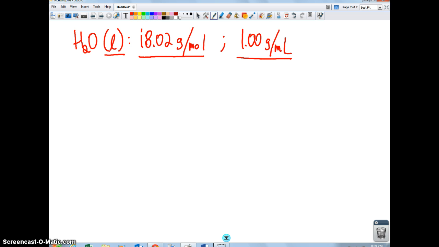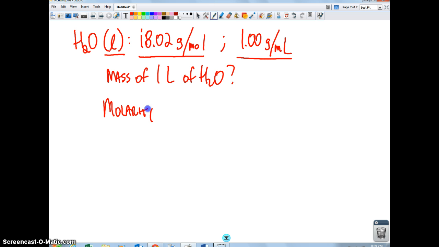So what I wanted to try to figure out is what would the mass of 1 liter of water be? And then from there, what would the molarity of water be? So if I know the mass of 1 liter, I would then be able to plug that in to figure out molarity as well, because molarity is just moles per liter.